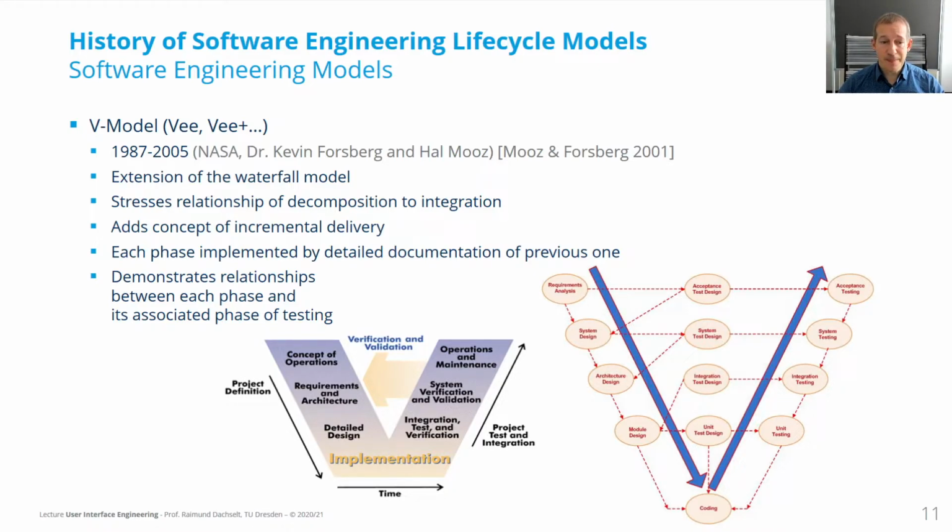And it also demonstrates the relationship between each phase and its associated phase of testing. That means this is the phase and this is a testing phase which is always associated with one of these phases. That's the idea of the V model, which has been quite successful and applied a lot.